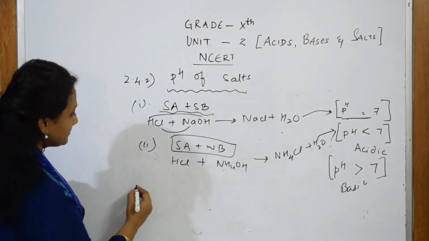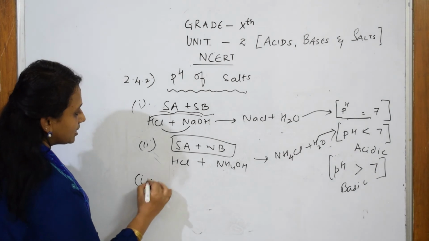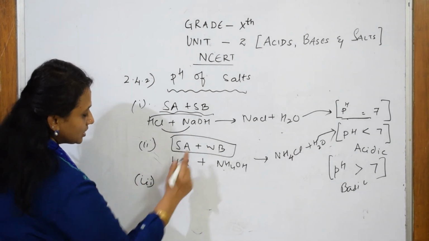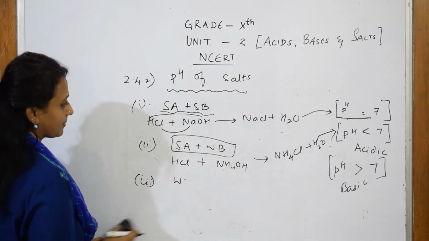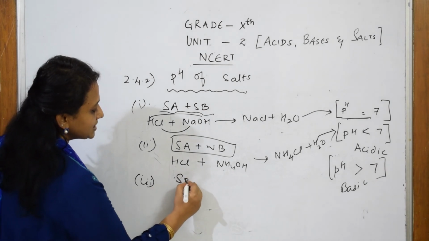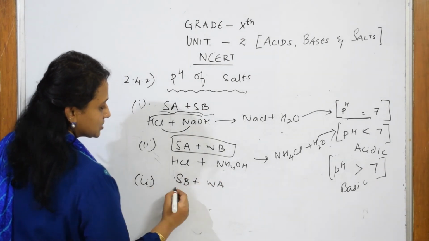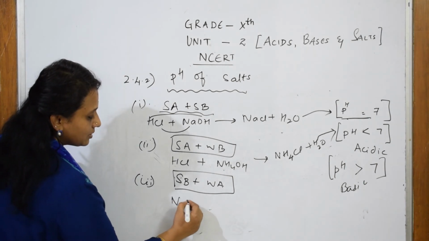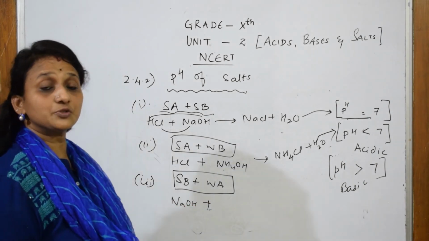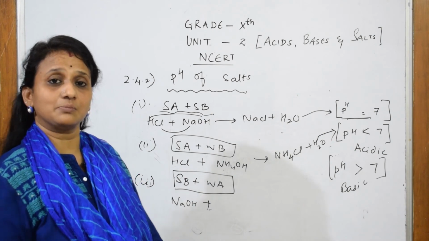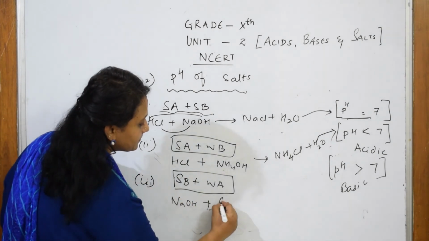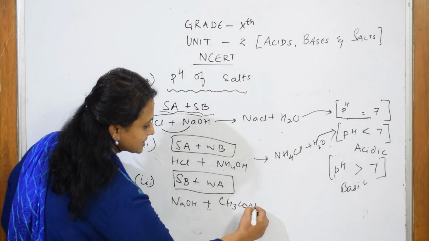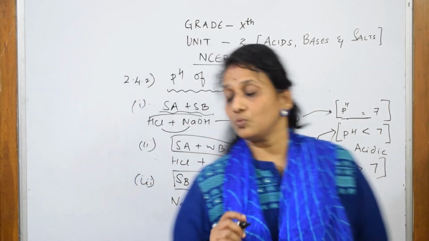The next, third example we are going to take is strong base plus weak acid. Strong base is sodium hydroxide. Now which is the weak acid? Acetic acid or carbonic acid. Let me take acetic acid here. Now what are we going to get?